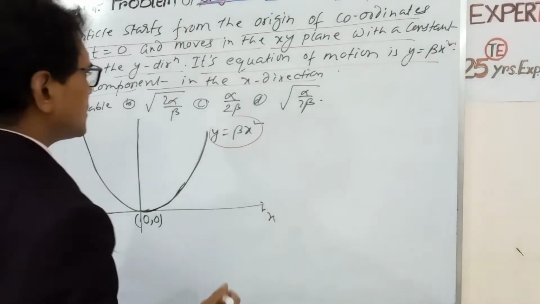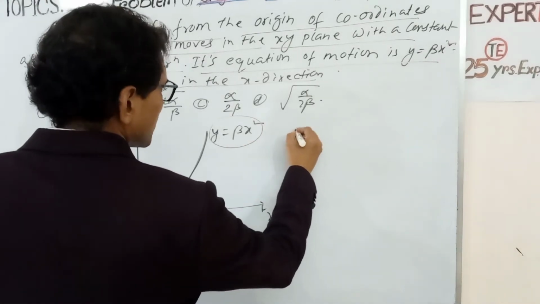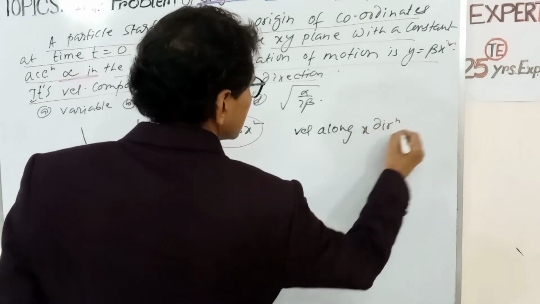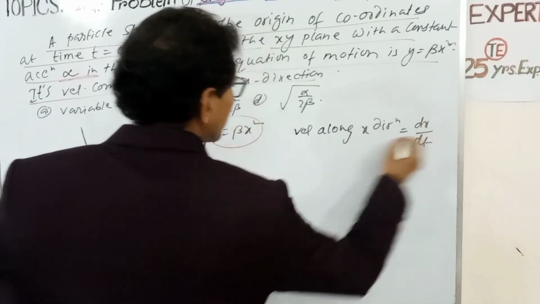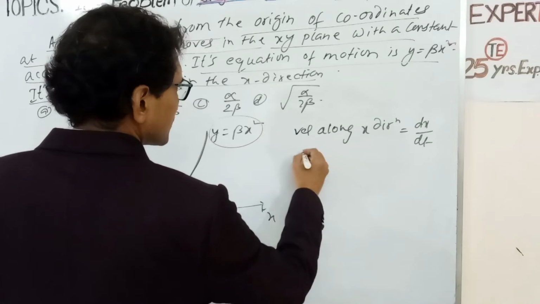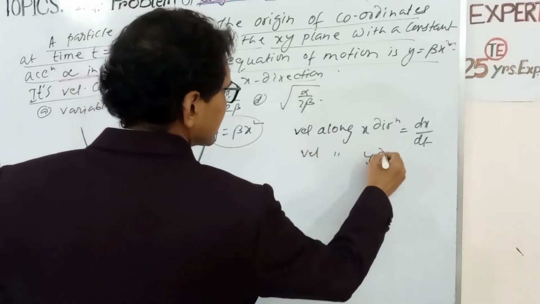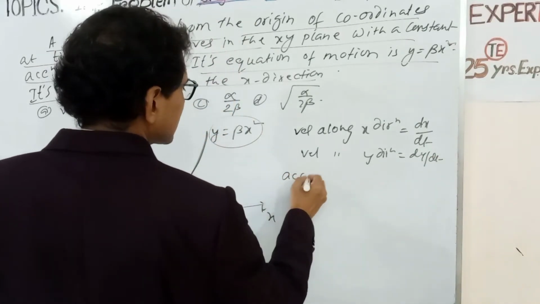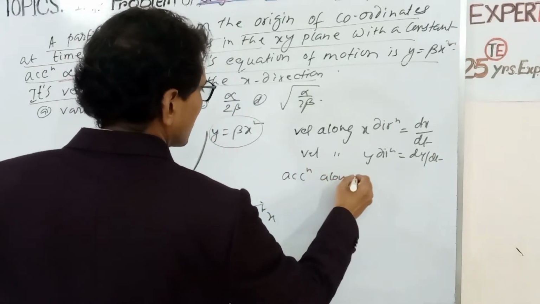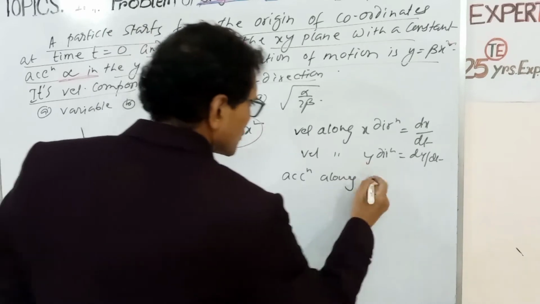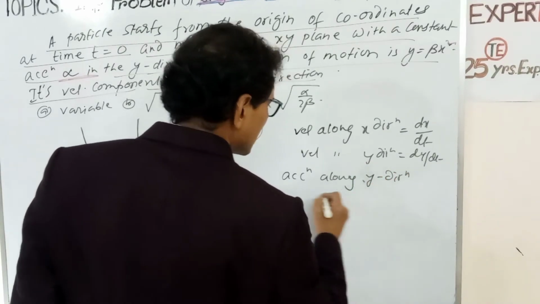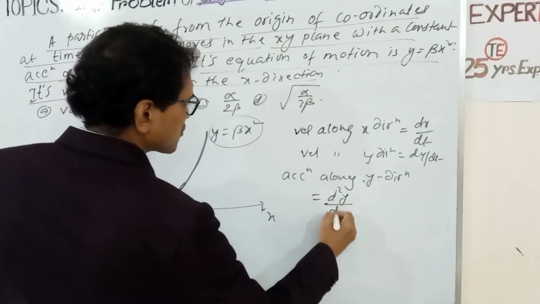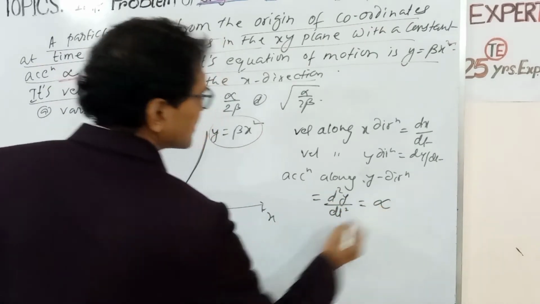Now, we know velocity along the x direction equals dx by dt, and velocity along the y direction is dy by dt. Acceleration along the y direction equals d2y by dt square, which is given as alpha.